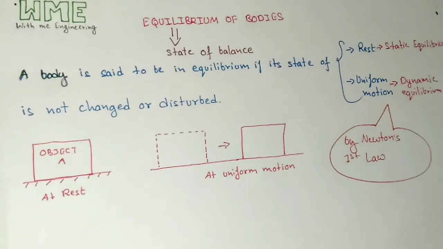What does Newton's first law say? That until and unless a body is exerted by an external force to change its state of rest or uniform motion, it stays so. So Newton's first law defines the state of equilibrium.